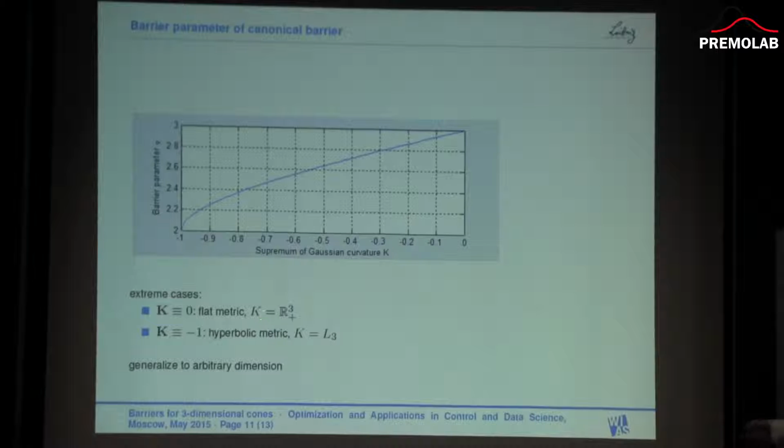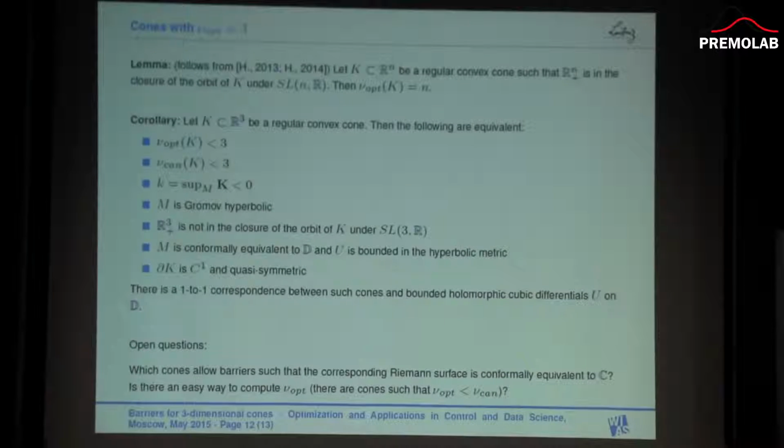And this corresponds, of course, to the simplicial cone and to the Lorentz cone. Okay, so we then get a characterization of all three-dimensional cones which have an optimal barrier parameter equal to 3.